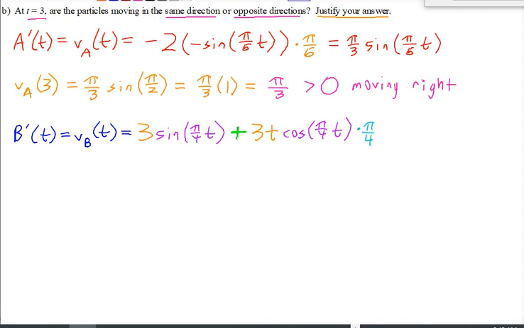So on this one, you can simplify a little bit on the second term. There's not really that much to simplify. You can bring the pi over 4 out in front of the 3, but otherwise, you can just go ahead and substitute in. Either b prime of 3 or v sub b of 3, however you want to write it, would be 3 times the sine, and we plug in 3 here, it's 3 pi over 4.